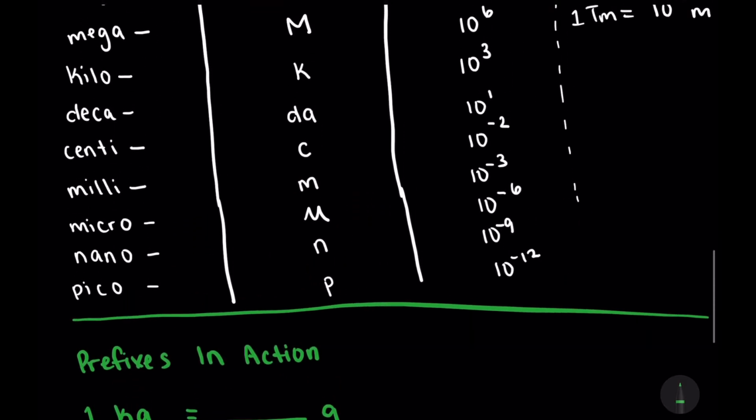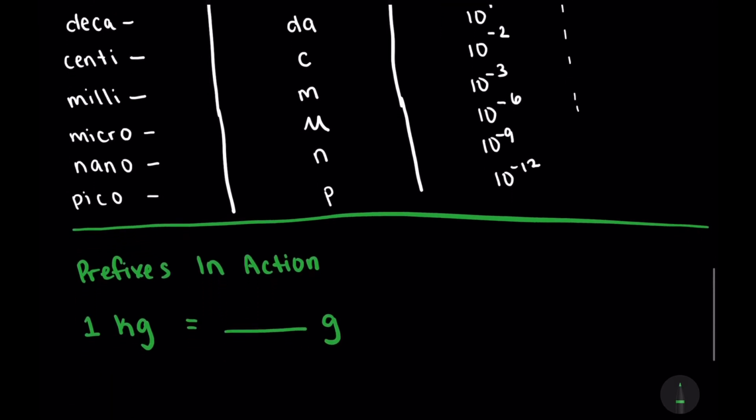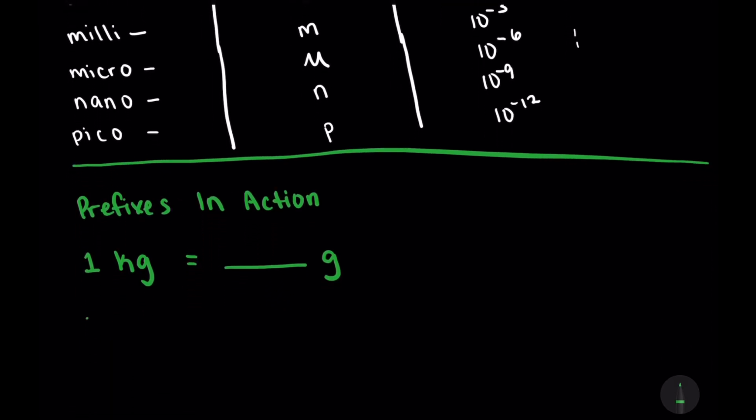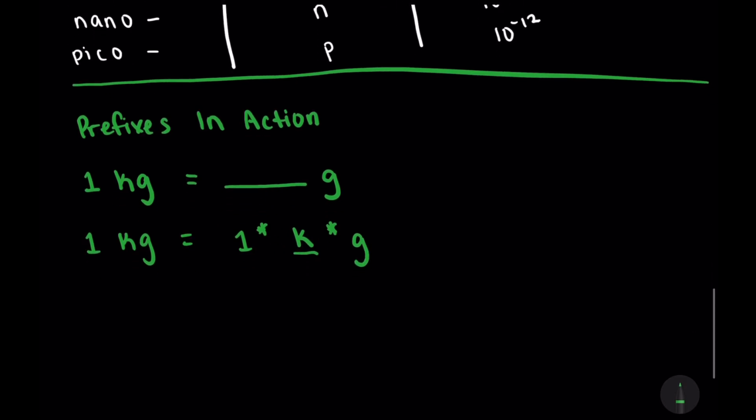From our table, we know that kilo means 10 to the 3, and so what we would do is say that 1 kilogram is equal to 1 times the representation of kilo that we're seeing right here times a gram, right?